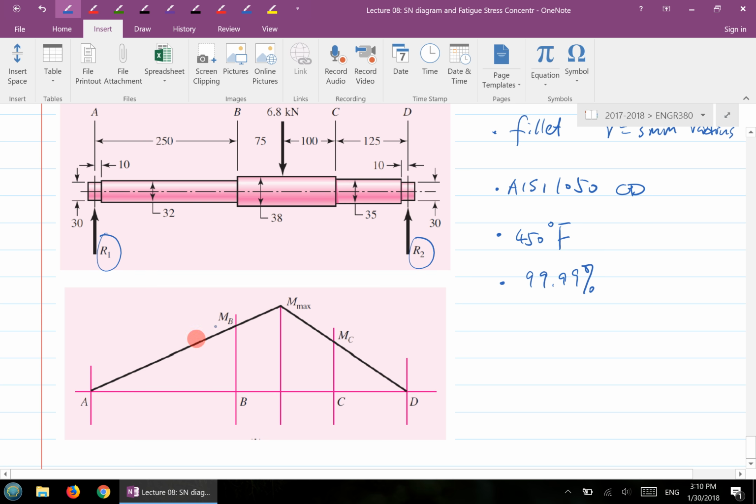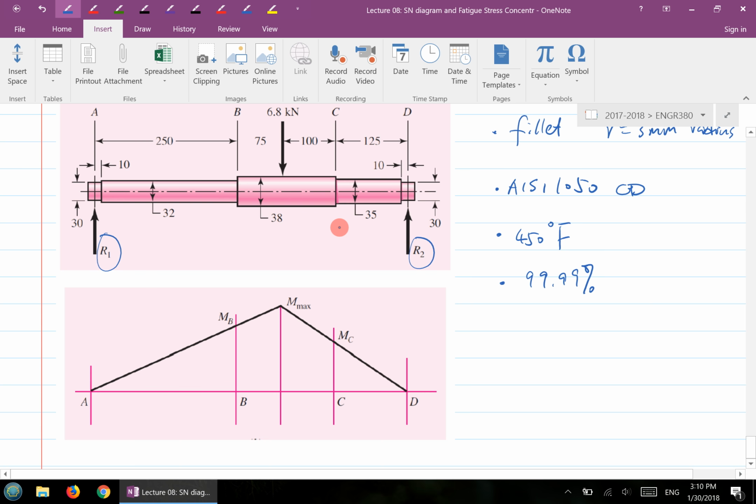Now, once you have the bending moment diagram, the next question is, which location should we look at? Or which location will be the critical location? Because you're not going to analyze everywhere. You only need to analyze the most critical location. If the most critical location fails, then you don't need to look at other locations.